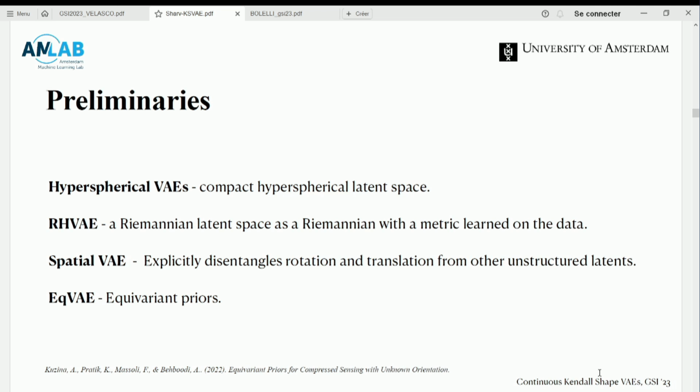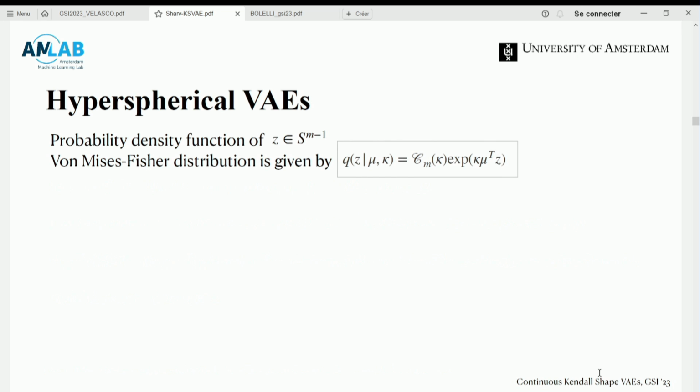So these are some VAEs that try to incorporate some sense of either a different manifold or some kind of compact structure, or try to achieve equivariance to rotation, translation, etc. I will focus a bit more on hyperspherical VAEs because our work is inspired by them. What is different about hyperspherical VAEs from vanilla VAEs is that instead of using a Gaussian distribution as a prior, they use a von Mises-Fisher distribution, as you can see here.